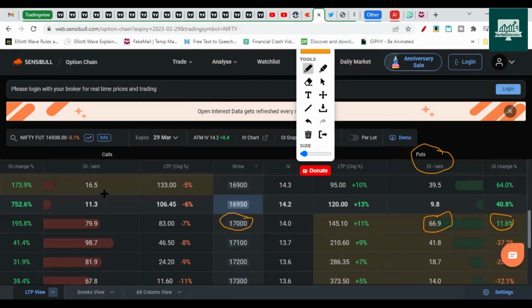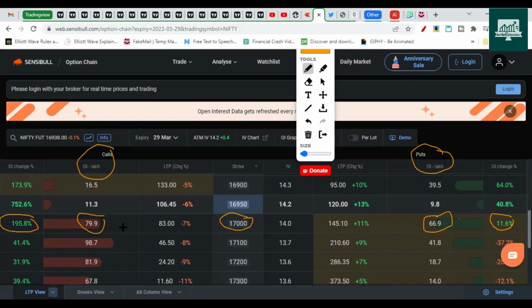On the call side, we have 79 or 80 lakh call open interest, and it jumped by almost 200%. So fresh calls were shorted, and the resistance is shifting lower.